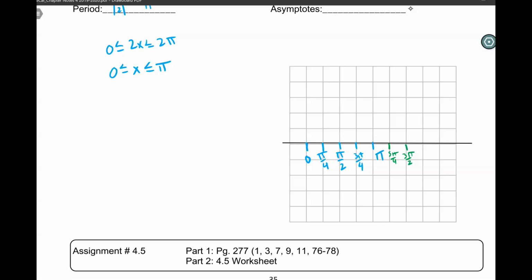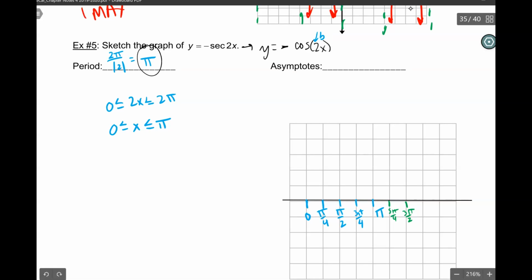I've dealt with this whole scrunching fact, the period, by changing the values of my axes. Normally I go by pi over 2, I'm not doing that right now. I'm going by pi over 4. So let's see, that's basically it.